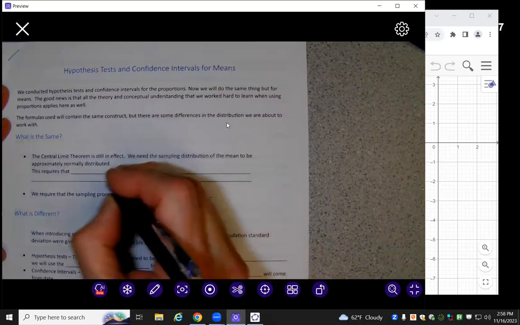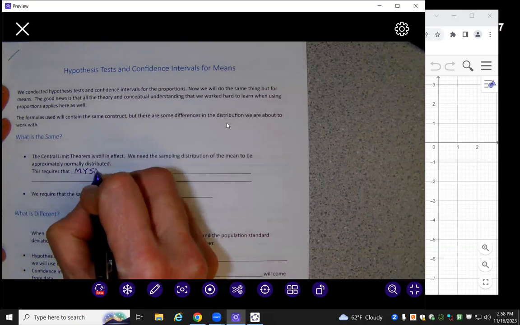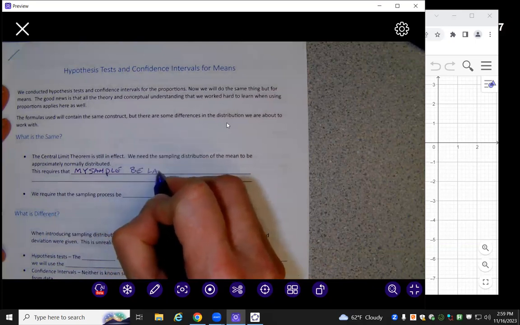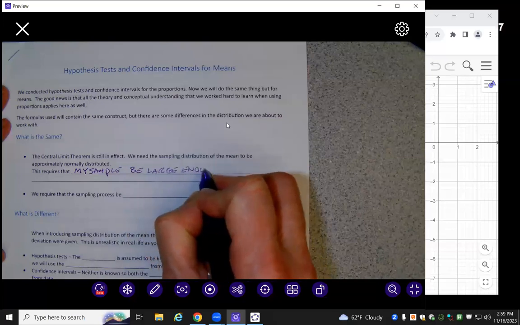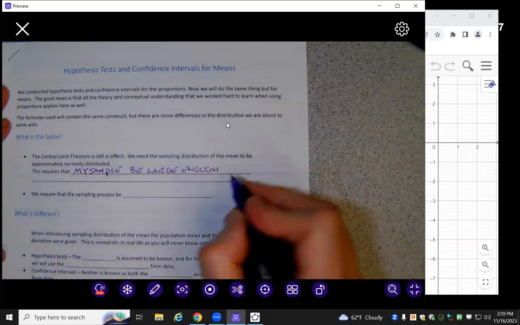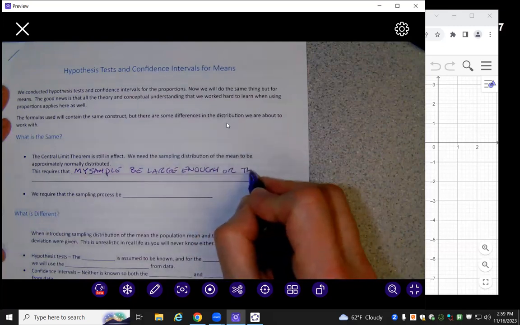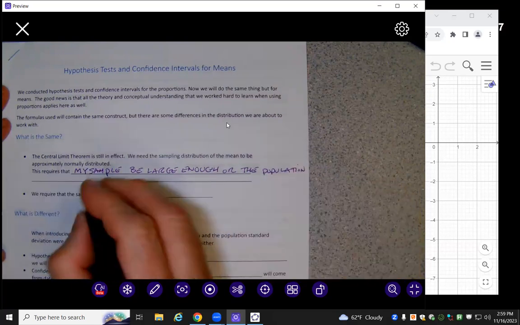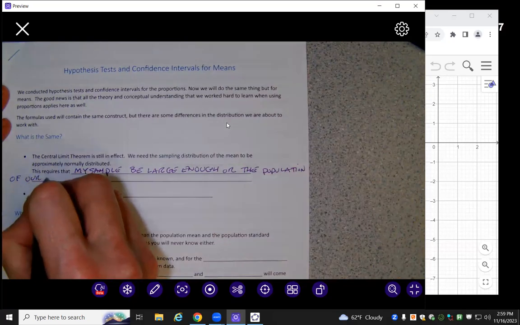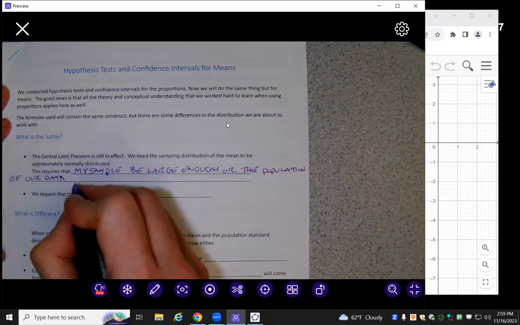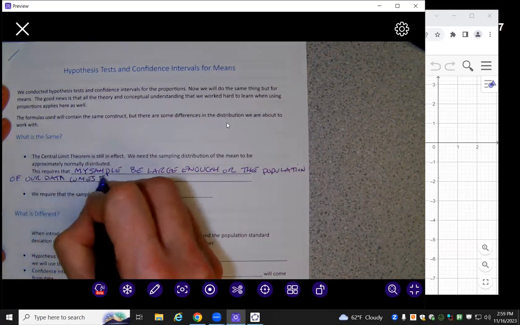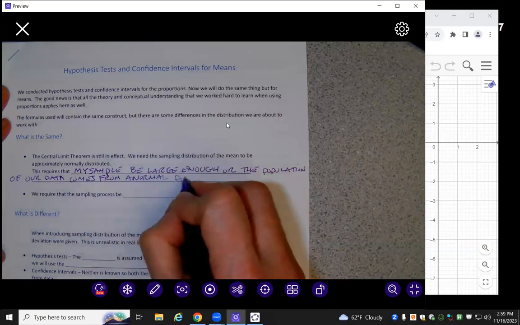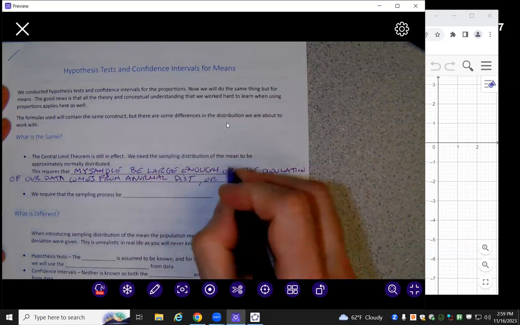So that requires that my sample size be large enough, or the population of our data comes from a normal or symmetric distribution.